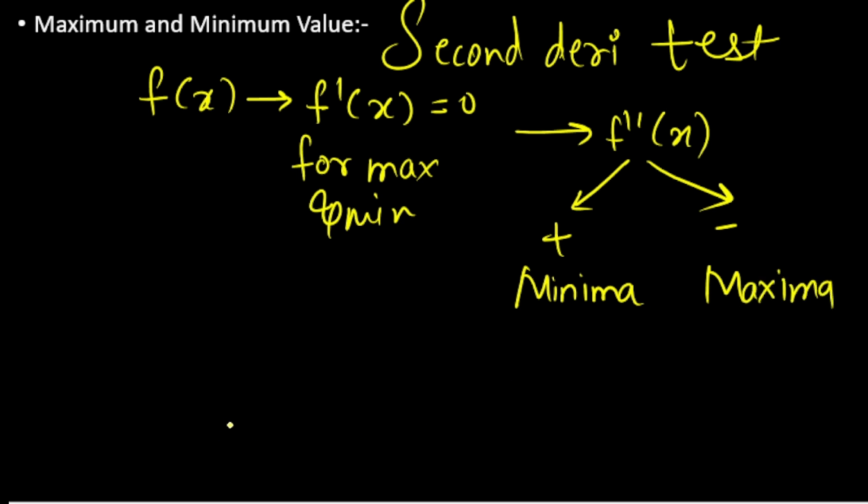The value of x is said to be the point of maximum or minimum, and the value of f of x is said to be the maximum or minimum value.